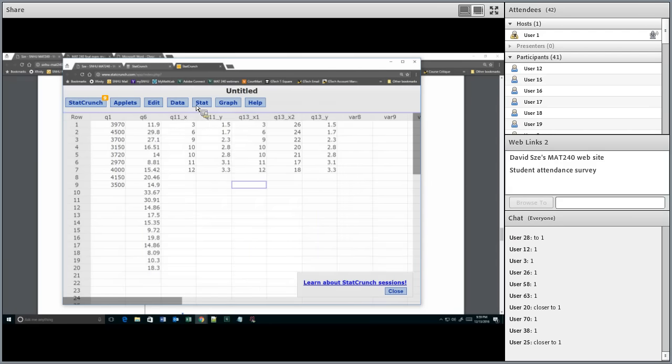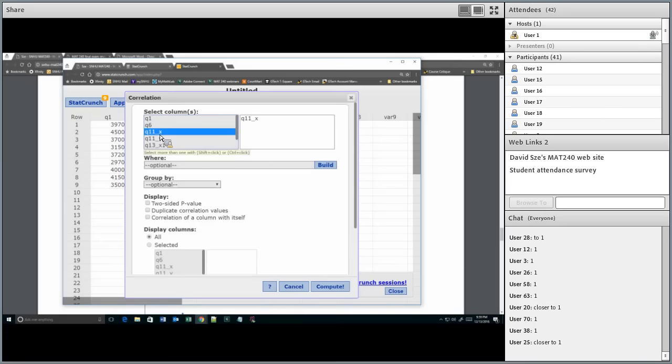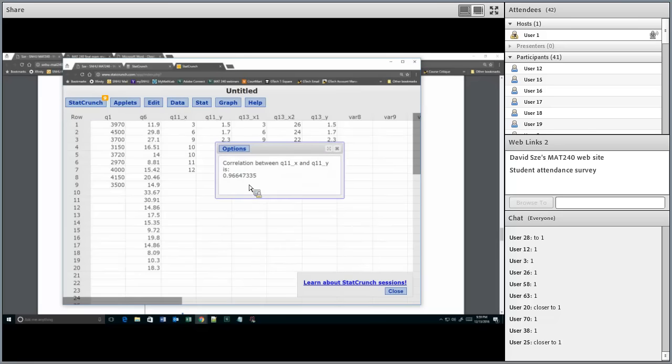So I'm going to go into stat, summary stats, and correlation. That's how you calculate correlation coefficient. Choose your x and y both, and just hit compute, and take a look at that. Here's your answer, 0.966. Much closer to 1, right?